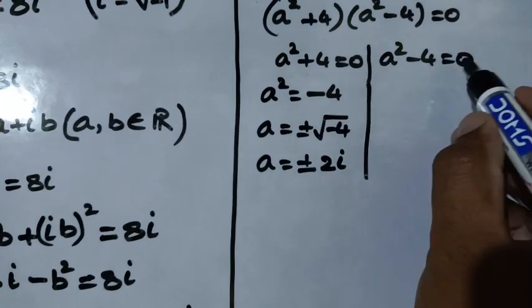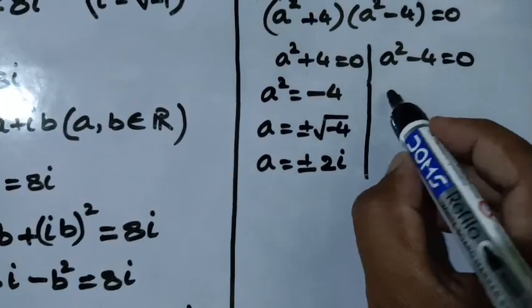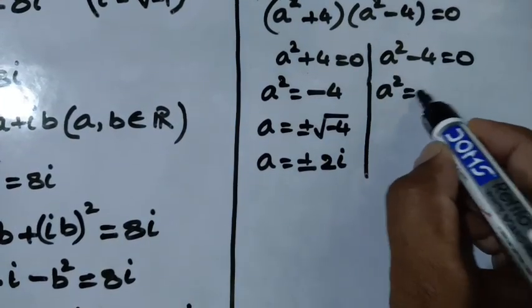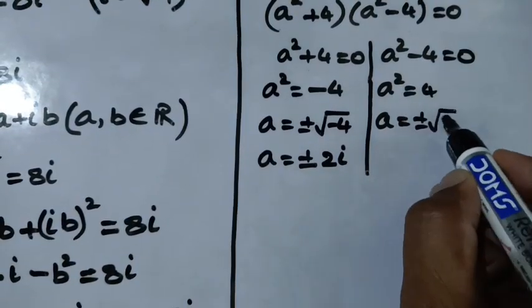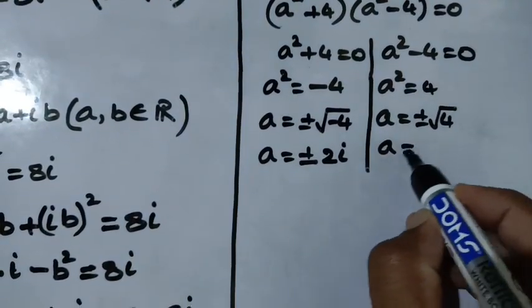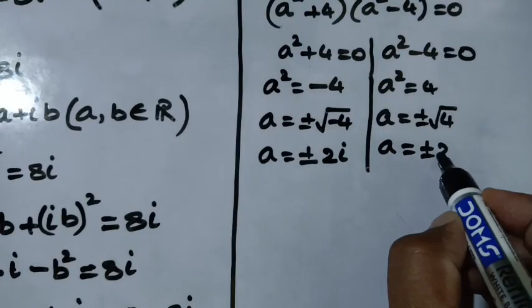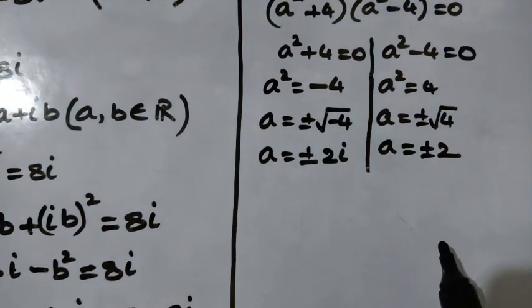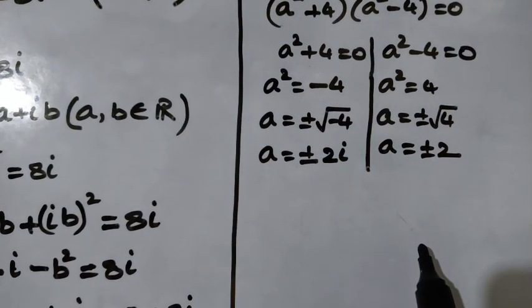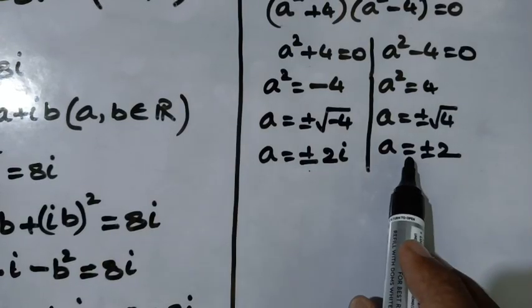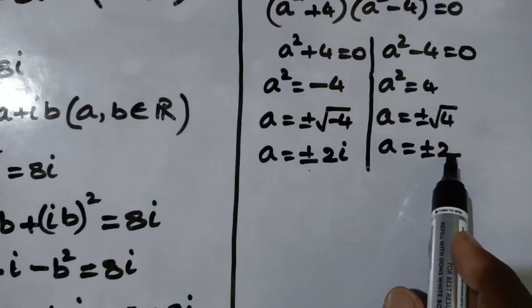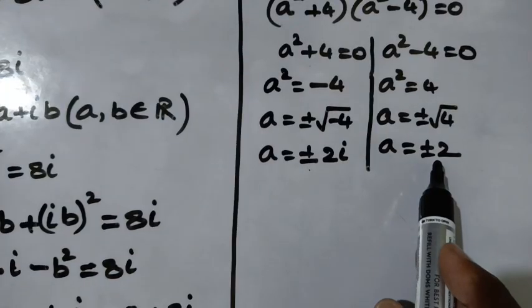And in the same way, if a square minus 4 is equal to 0, a square is equal to plus 4, and a is equal to plus or minus 2. So at this stage, we got 4 values for a: 2i, minus 2i, 2 and minus 2.